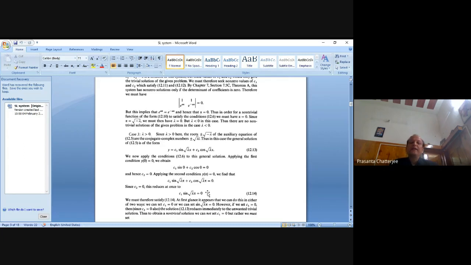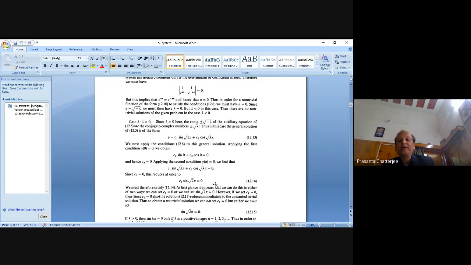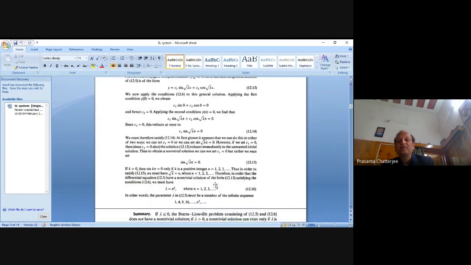So we get a non-zero value of C1 only if sin root lambda pi equal to 0. We know that sin n pi is 0 if n is a natural number. So the value of lambda for which sin root lambda pi equal to 0 is root lambda equal to n, or lambda equal to n square, which is given by 12.16.